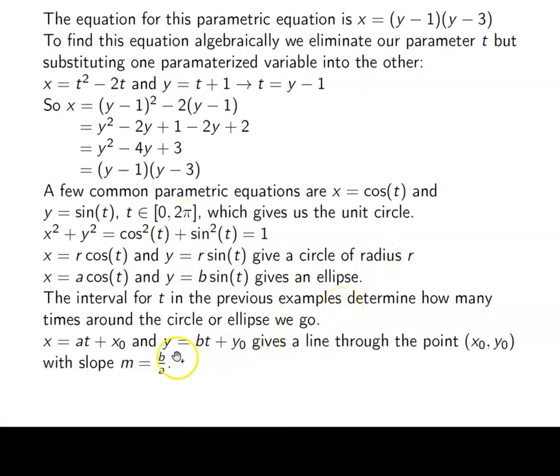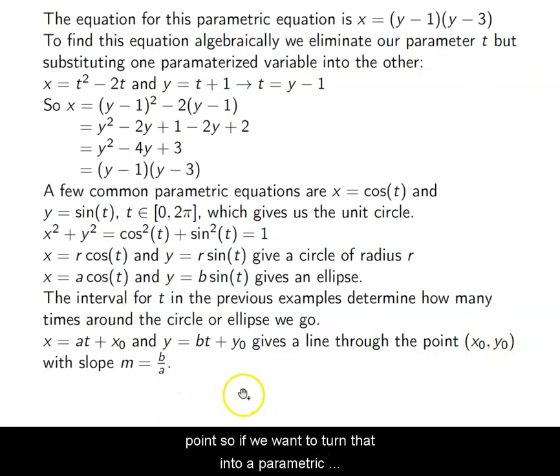The next common one is the equation of a line. We can actually make the equation of a line that goes through a specific point and has a slope that we want. So if we take the equation y equals 2x plus 1, we know that equation has a slope of 2, and it goes through, I don't know, we can pick any point.